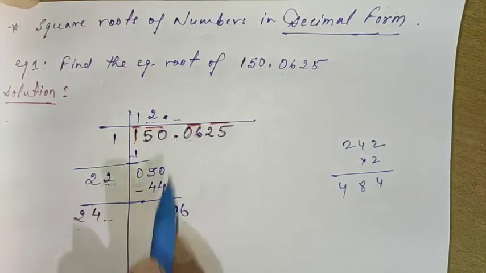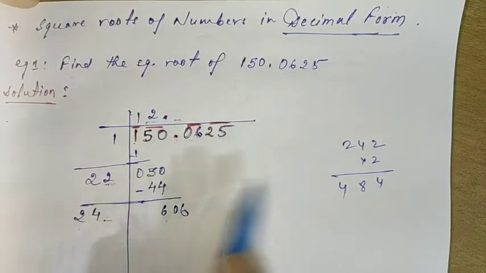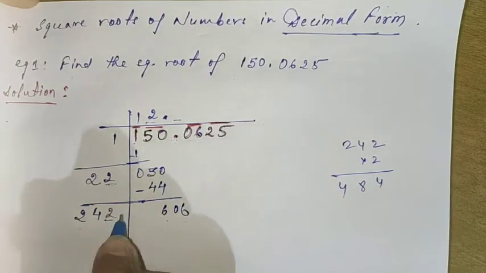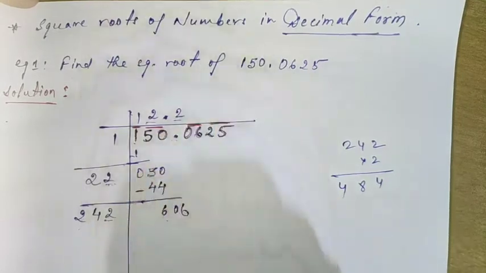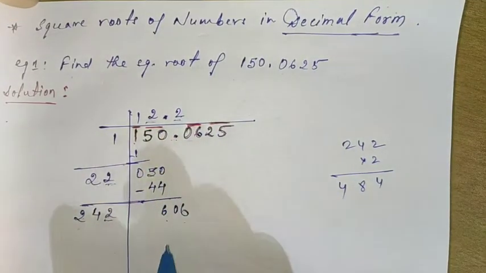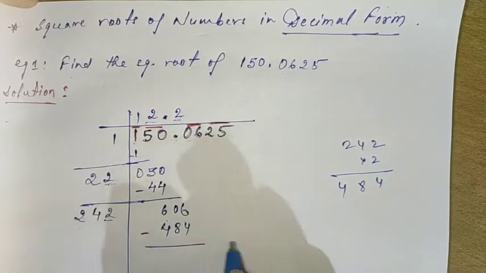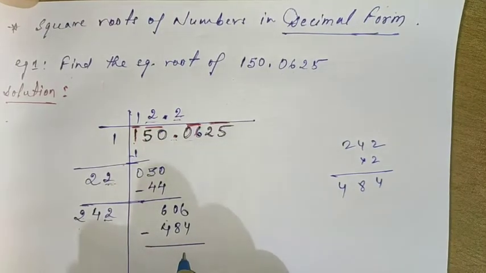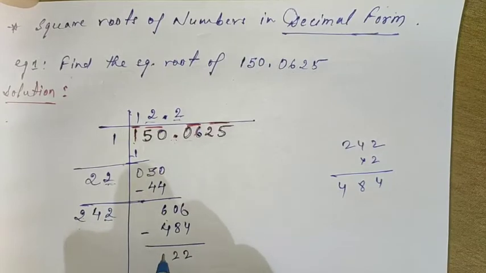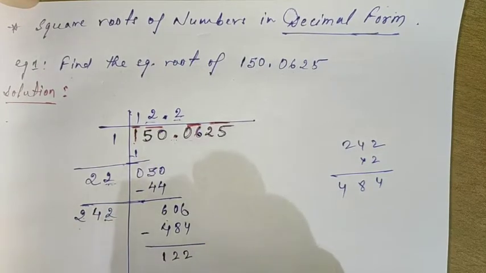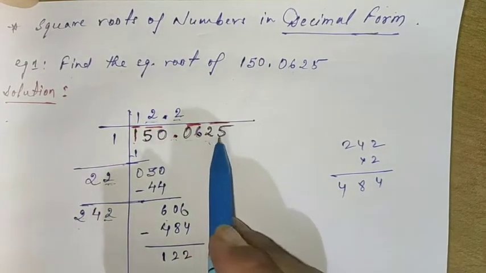And 245 into 5 will give you a number greater than this. So I will take 242 multiplied with 2, which will give you 484. Now subtract it. You will get 2, 2 and 1 over here. And now the next pair will come down.